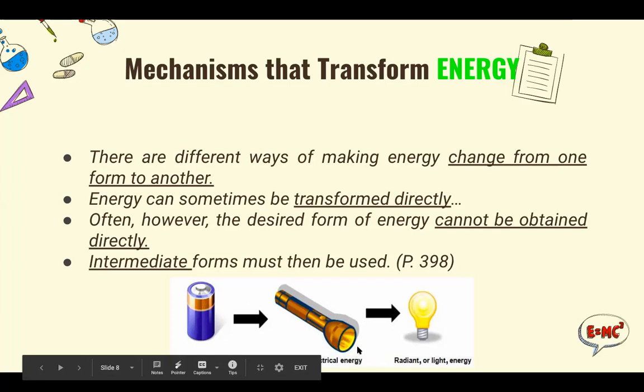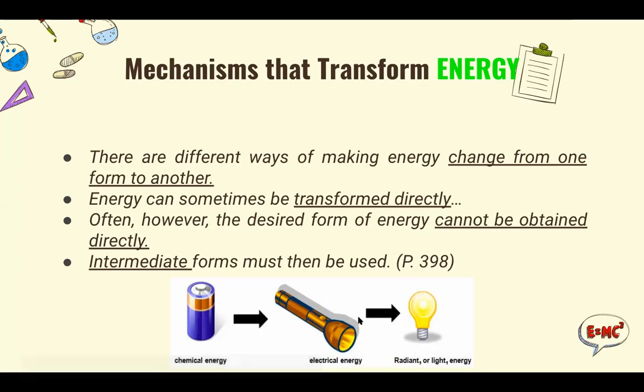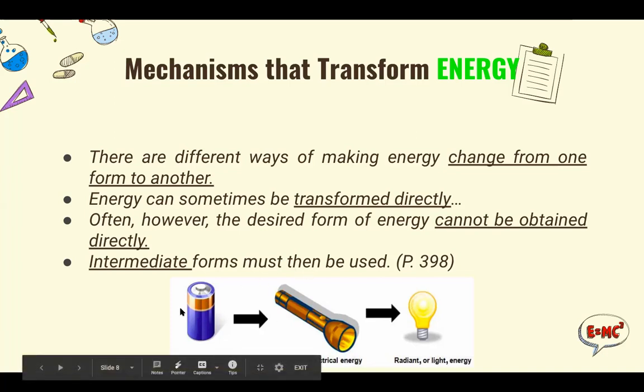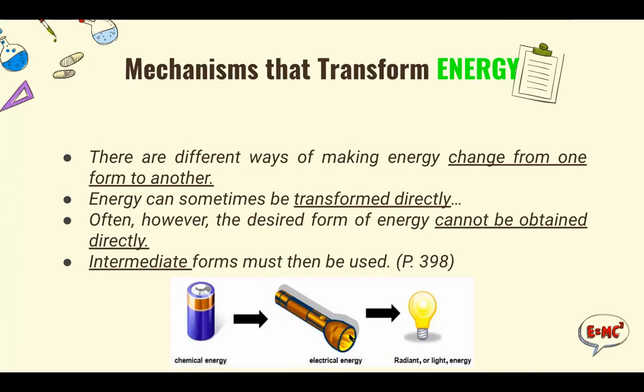Then you have the flow of electrons, which is electrical energy, and they will eventually go to the light bulb, and the light bulb will light up and we will have radiant or light energy. But you can't go from chemical energy directly to radiant or light energy. You need the electrical energy, so we need that electric circuit in the flashlight in order for this to work. So this is an example of indirect transformation.